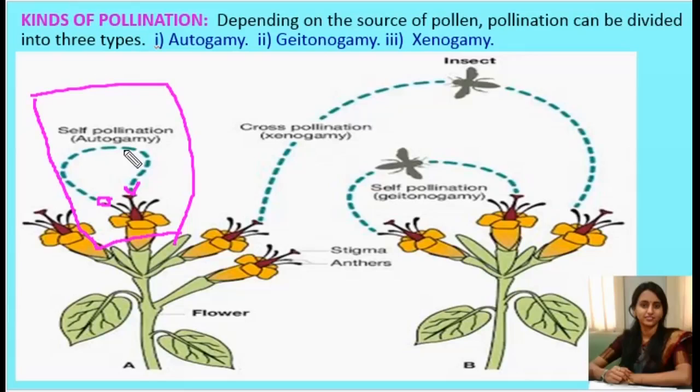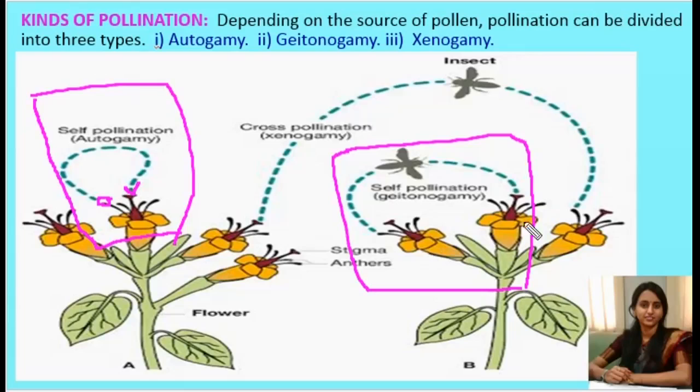Then the second one is geitonogamy. Look at this. This is another plant here. Here we are considering two flowers. Here the transfer of pollen grains takes place from anther to the stigma of another flower, but on the same plant.